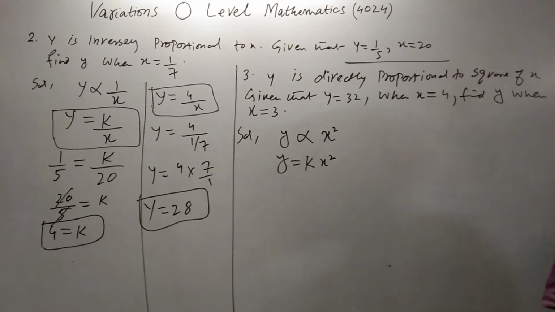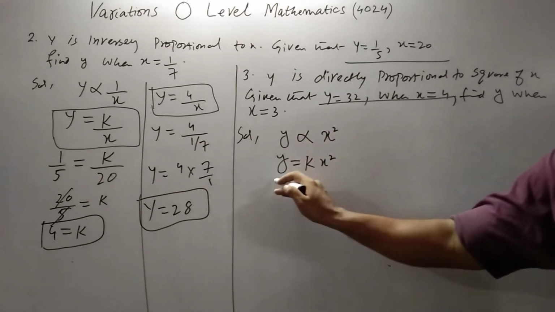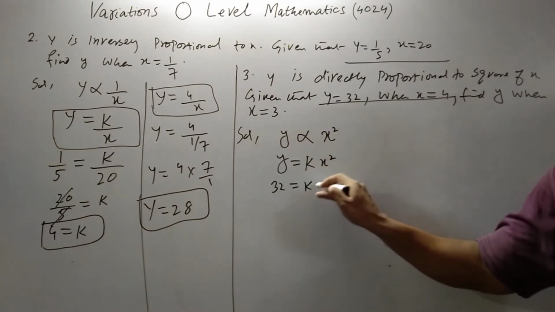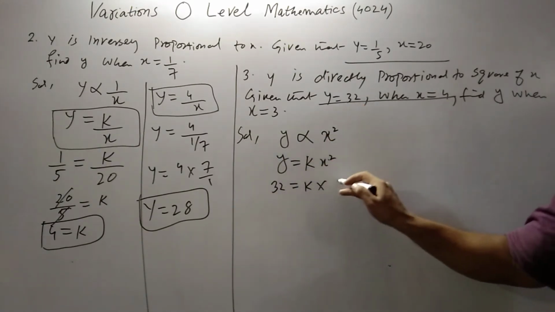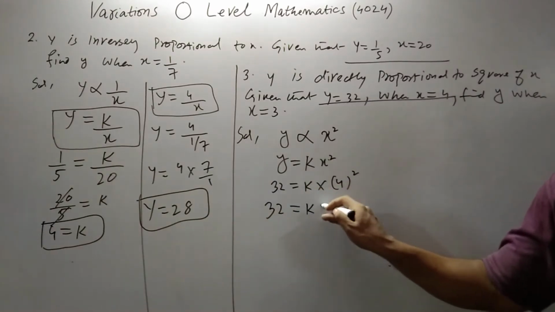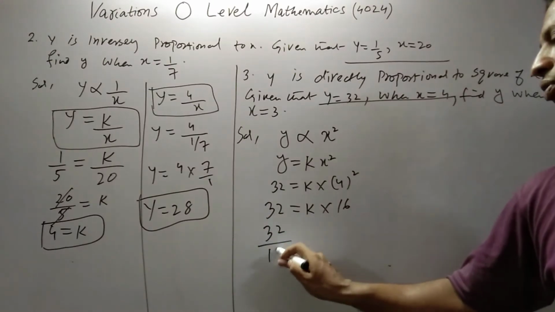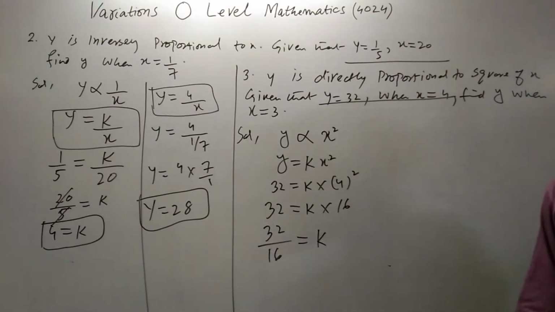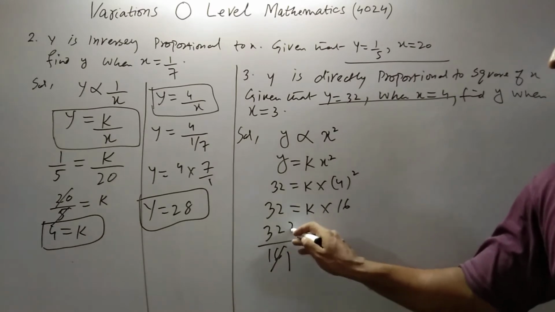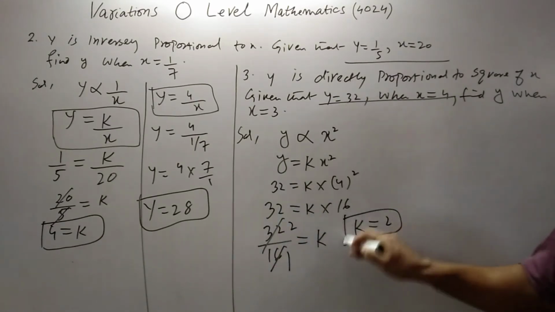The third step is to find the value of k by using these two values. y is 32, k into x square, x is 4. 32 is equal to k times 4 square, which is 16. 32 upon 16 is equal to k. 16 2s are 32. So k is equal to 2.